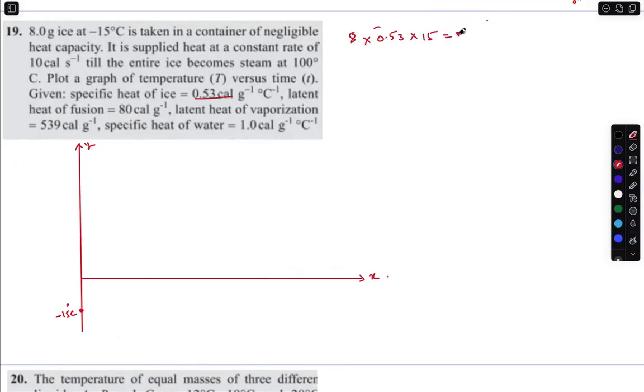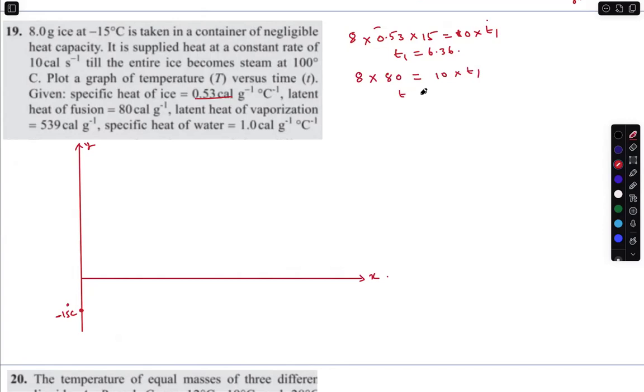You are supplying 10 calorie per second into T1. In this, 80 into 0.53 into 15 divided by 10 gives 6.36. Hold on. Then ice melts, which means 80 into 80 is equal to 10 into T1.